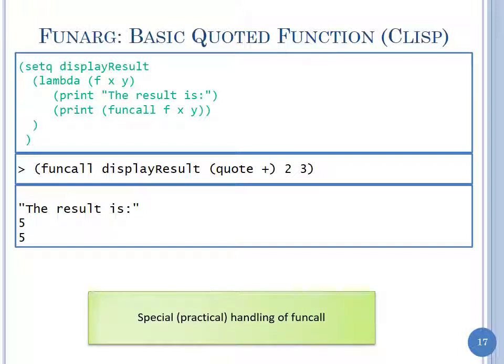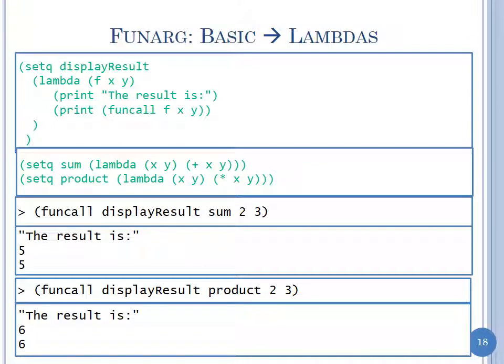This is special handling of func call, and it's practical. Since we didn't have this, what we did was define a lambda for plus, which we're calling sum. Now sum is bound to a lambda expression, and it just takes its parameters and passes them straight to the basic plus.